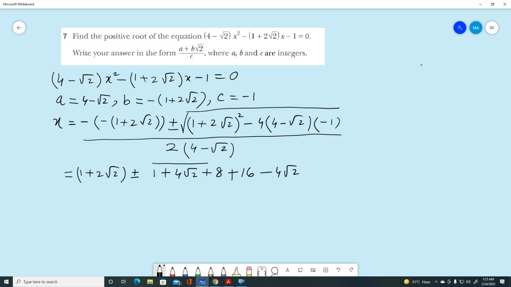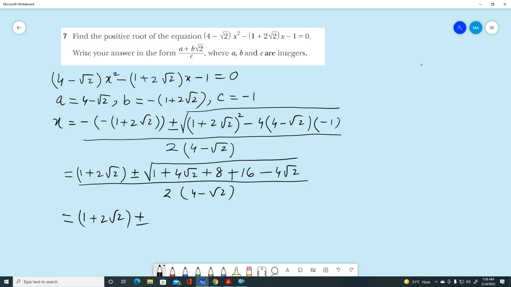So this is just algebraic calculation, and you are a math student, so you know very well how to expand directly. And this 2 times (4 minus root 2) remains in the same position. 1 plus 2 root 2 same, plus minus 16 plus 8 is 24. 24 plus 1 is 25, and this minus 4 root 2 cancels by this plus 4 root 2. Square root upon 2 into 4 minus root 2.